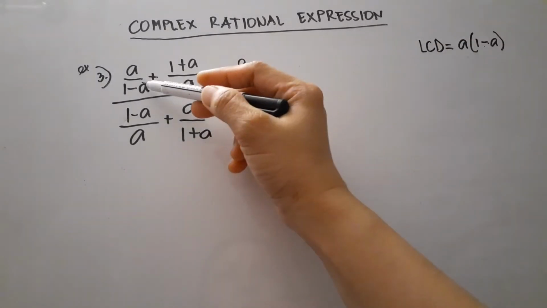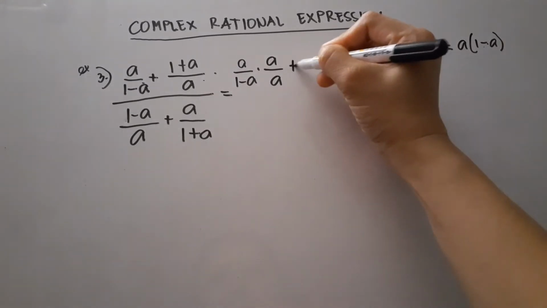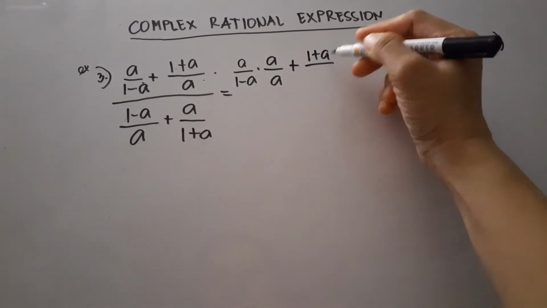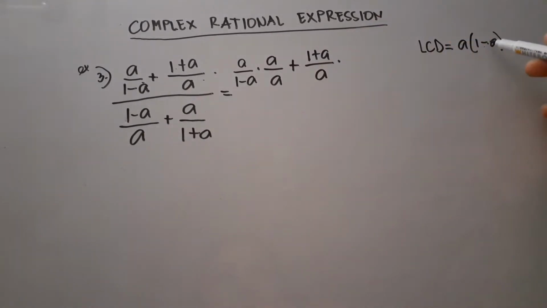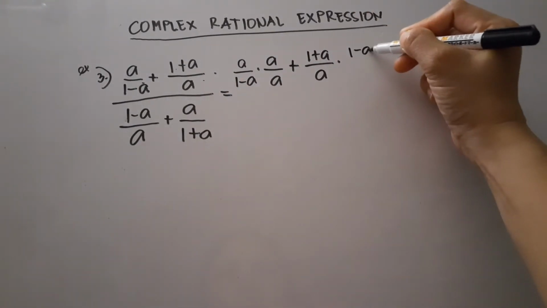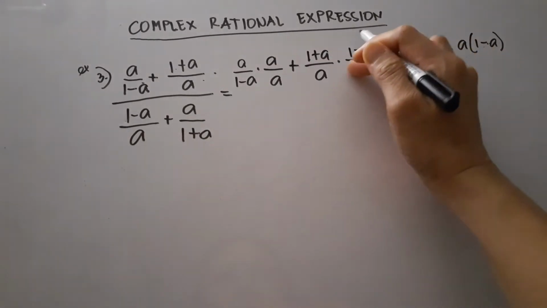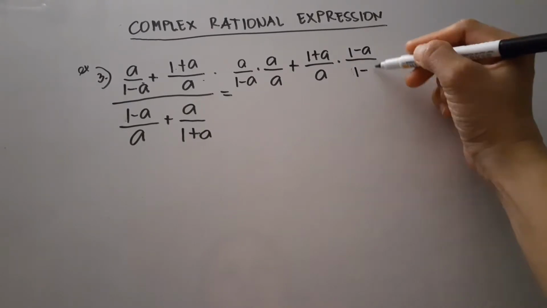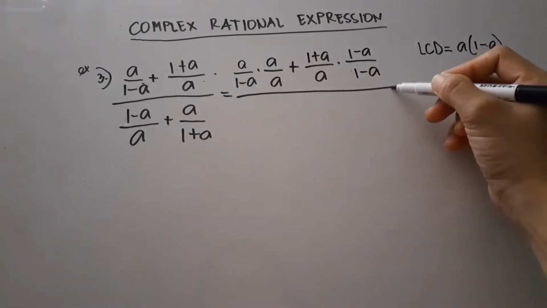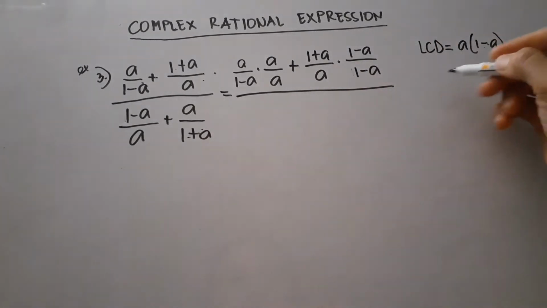When we divide this by 1 − a, the result is a. Therefore we multiply the first fraction by a, and from the second fraction, when we divide, the remaining is 1 − a, so we multiply each numerator and denominator by 1 − a. And then the denominator, we have also a least common denominator that is different from the numerator.